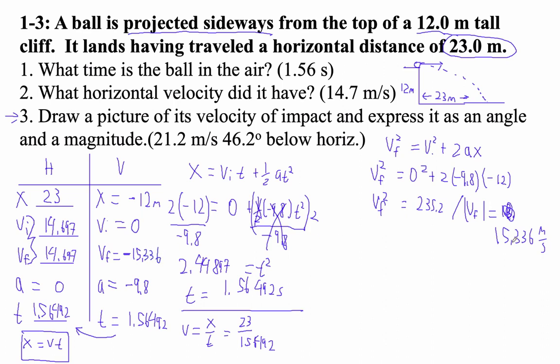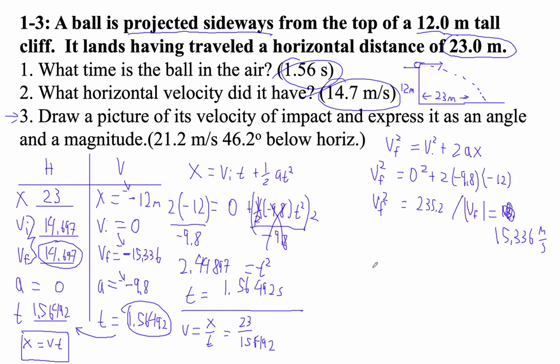The absolute value is 15.336, which means it could be positive that or negative that. You know that it's going down, so you put the minus sign on there. This displacement was down because you knew they went down. Gravity is down, right? That's what all those minus signs are for. Okay, we've answered some of the questions. So what time is the ball in the air? 1.56 seconds is this guy, right? Horizontal velocity, we've answered that, is this, right? And now we need to draw a picture of this, the velocity vector.